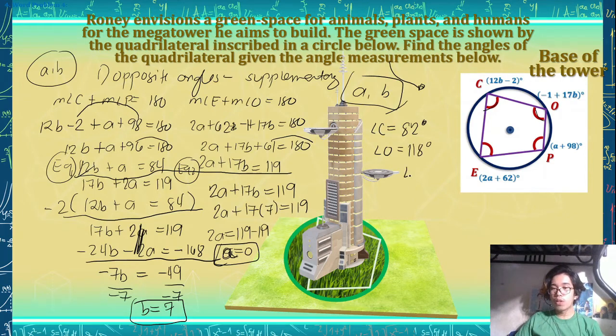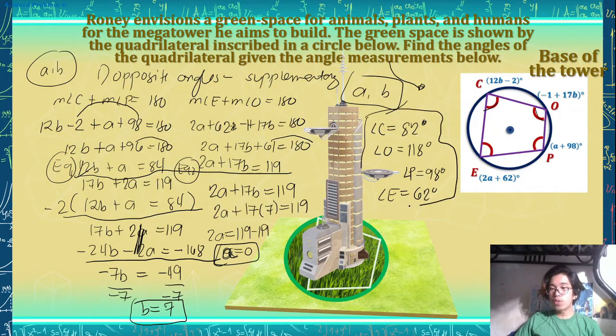For angle P, we have A, which is 0, plus 98, so that should give us 98 degrees. And for angle E, we have 2A plus 62. 2A is just going to be 0, plus 62, so that gives us 62 degrees.